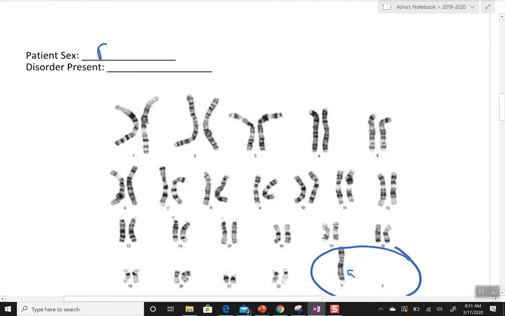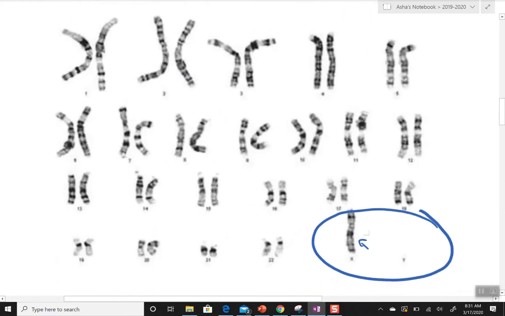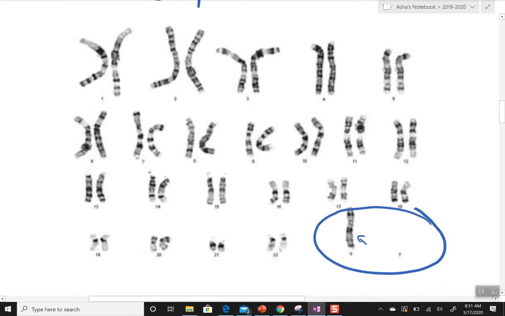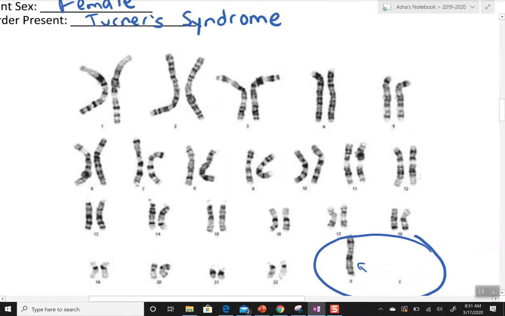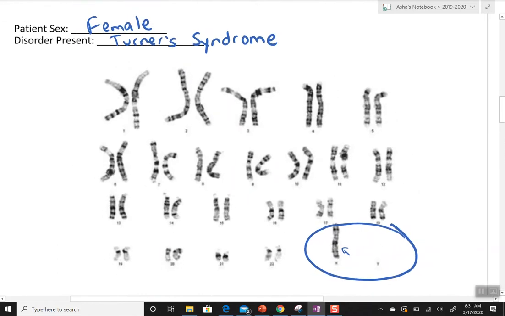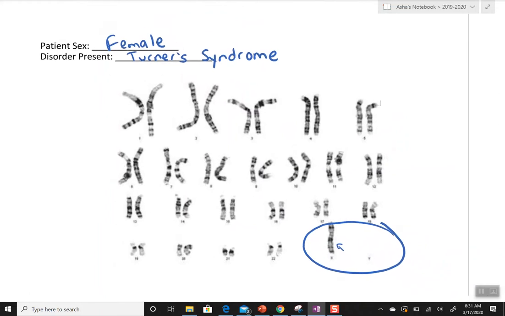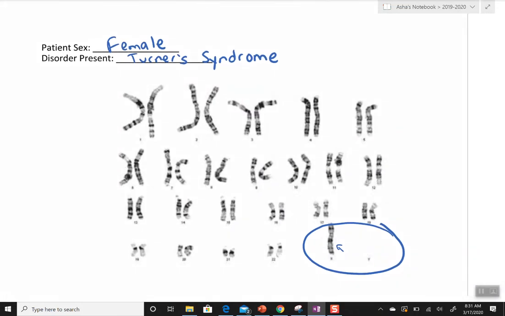So the patient's sex here would be female. And the disorder here is going to be Turner syndrome. Now, you guys do not have this handout, but I'm showing you what it looks like here. Again, 23 pairs of chromosomes we're supposed to have, but here we have 22 chromosomes. We have 23 chromosomes minus 1, so n minus 1. So this is Turner syndrome.